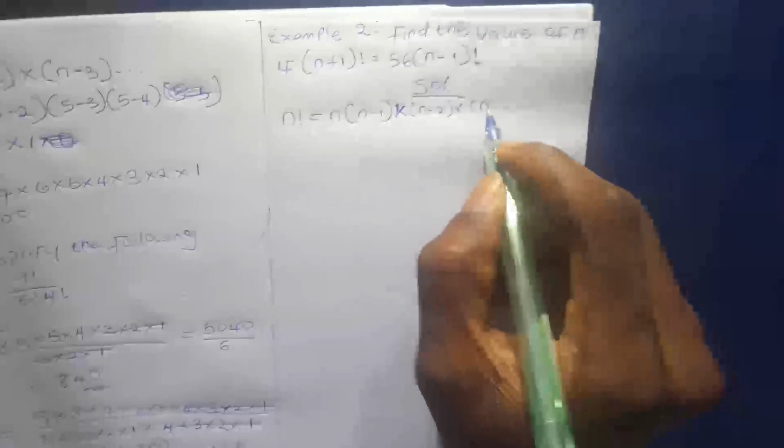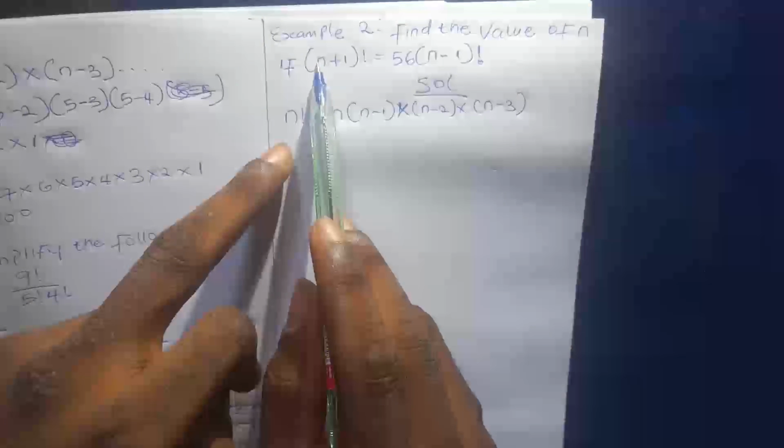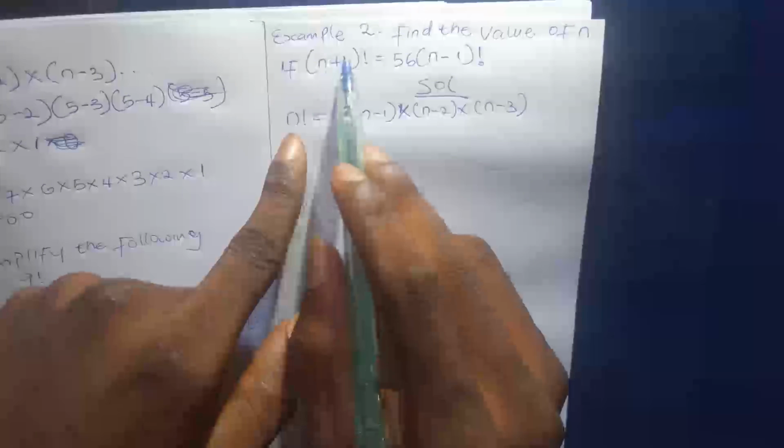So let's solve this. How do we go about it? Remember I told you that if you have something like n factorial, it gives us n times (n minus 1) times (n minus 2) times (n minus 3). So now let's make everything in this bracket, n plus 1, equal to n. Assume that everything in this bracket is n.